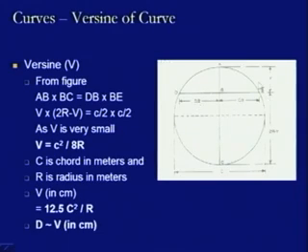If the length of the chord is C, then C by 2 multiplied by C by 2. Now, for very small values of V, this finally transforms into V equals C square divided by 8r, and this is how the Versine of any curve can be computed if we know the chord and if we know the radius.